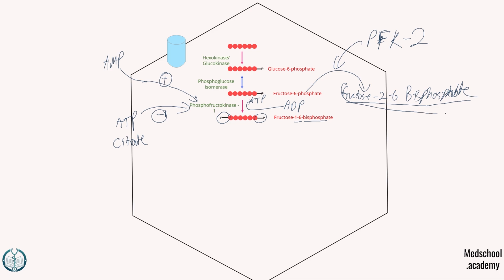And this right here is a very, very strong activator for phosphofructokinase 1. This is the most potent activator of this enzyme, even in the presence of ATP. Even if there's a high amount of ATP present and a high amount of fructose 2,6-bisphosphate present, the cell will prioritize this molecule right here.